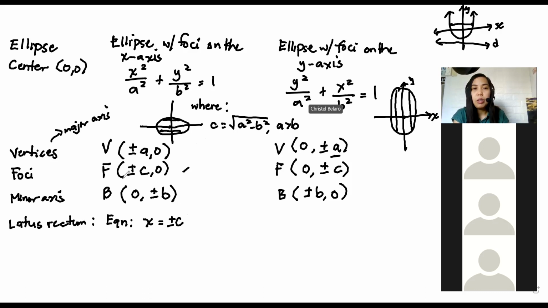Kasi ang foci natin dito, kung nasa major axis, so we will have the equation x equals positive, negative, c. So dalawa class ang latus rectum kasi dalawa ang foci. So ganun din dito, if the major axis is along the y-axis or the foci is on the y-axis, the equation is y equals positive, negative, c. Okay, that is the equation for latus rectum.